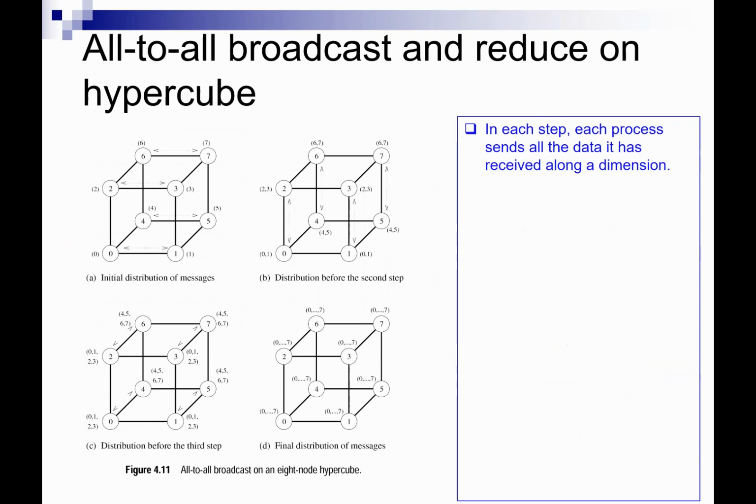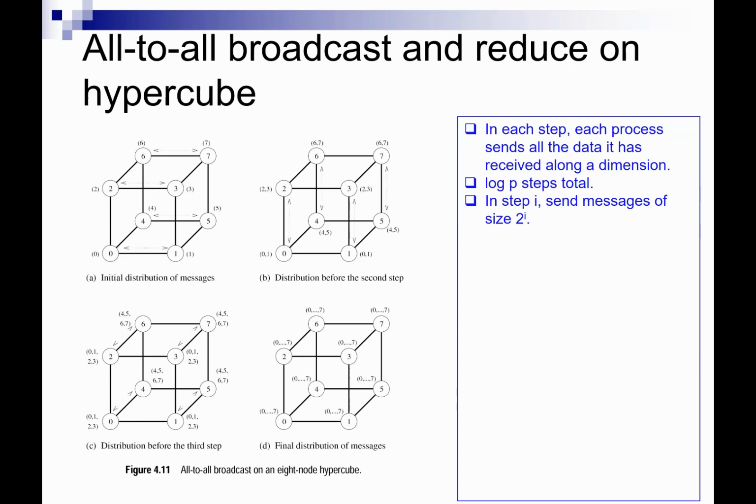Now next let's talk about all-to-all broadcast and also reduce on the hypercube. A hypercube of p processes has log p dimensions.